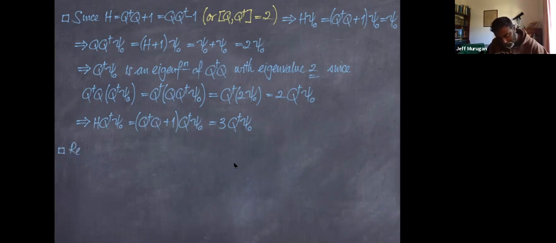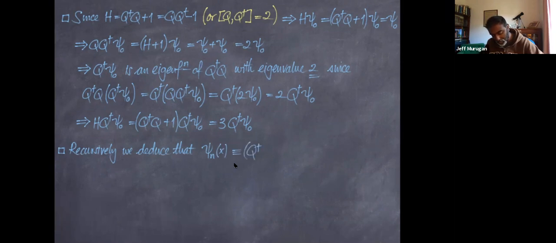And I can push this argument by recursion, or if you want, you can prove it by induction, that recursively we can deduce that in fact the function psi n, which I'm going to define to be Q dagger to the nth power times this Gaussian wave function psi naught, must be an eigenfunction of the Hamiltonian, and we can even guess what its eigenvalues are.